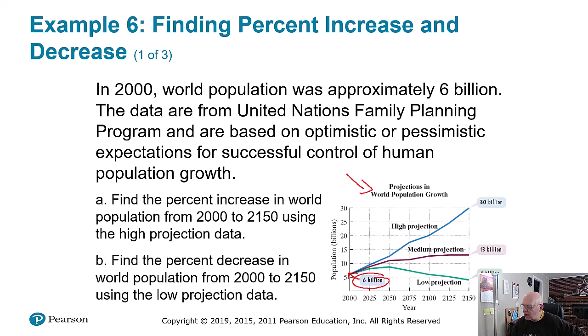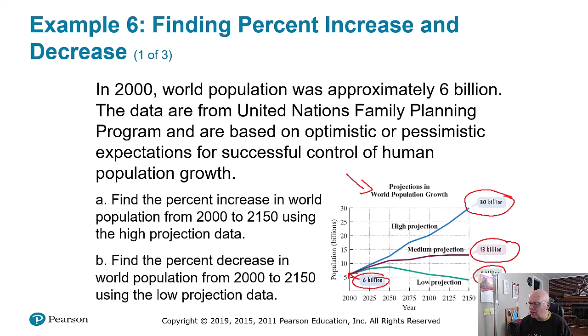In the year 2000, 6 billion people on the earth. And according to one projection, in 2150, there'll be 4 billion. According to another prediction, we'll have 13 billion by that time. And the high projection, with 30 billion people on the earth by 2150.